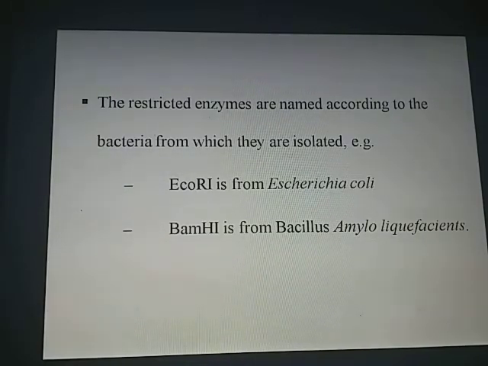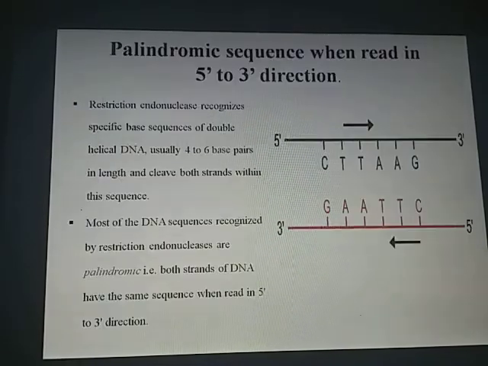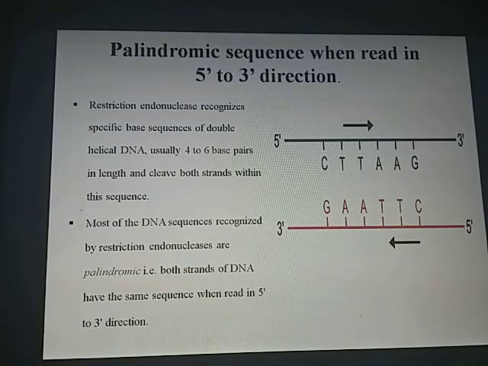For example, EcoRI is isolated from Escherichia coli and BamHI is isolated from Bacillus amyloliquefaciens. Restriction endonuclease recognizes a specific base sequence of a double helical DNA, usually 4 to 6 base pairs in length, and cleaves both strands within this sequence.